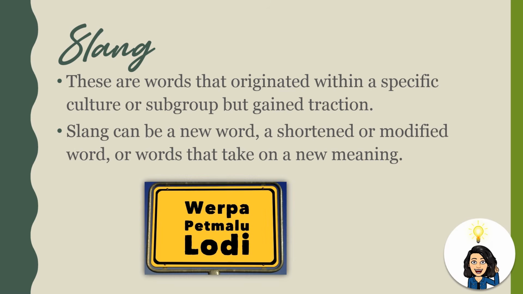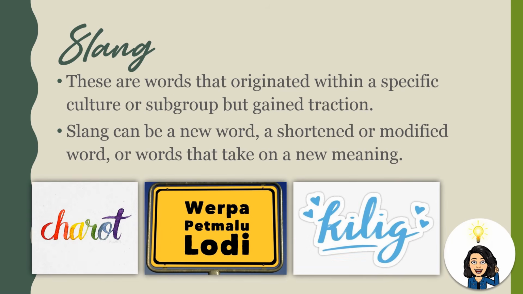Common Tagalog words are werpa, petmalo, and lodi, which are reverse versions of the words power, malapit, and ayaw. Kilig, which is an expression of giddiness when in love, and charot, which is a slang for joke or just kidding. Slang words are usually found in comic strips and now on varied social media pages.